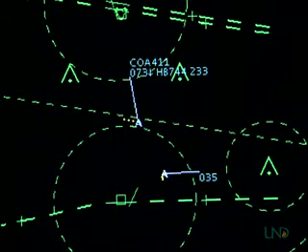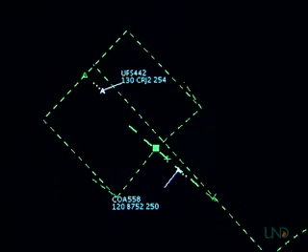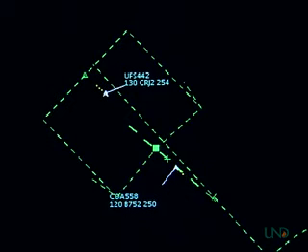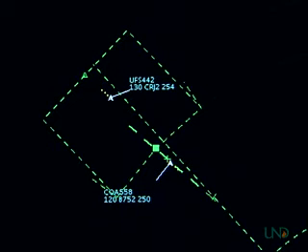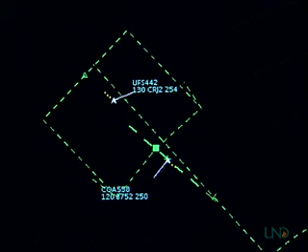Connell 411 Heavy, we have traffic in sight. Feeder Flight 442, traffic 12 o'clock, 10 miles opposite direction, Boeing 757, level 12,000. Feeder Flight 442 has traffic in sight. Continental 558, traffic 12 o'clock, 8 miles opposite direction, CRJ level 13,000. Continental 558, we have traffic in sight.